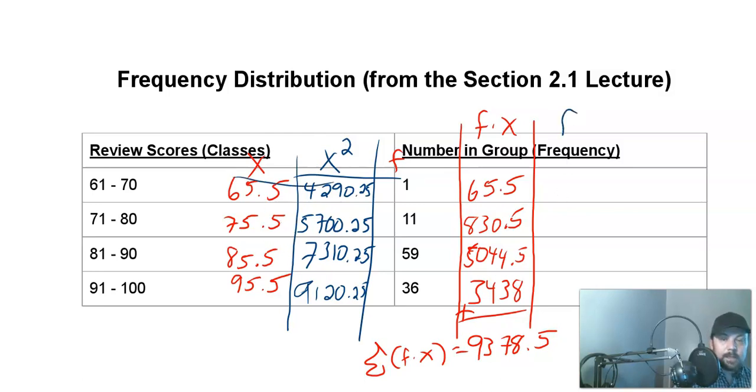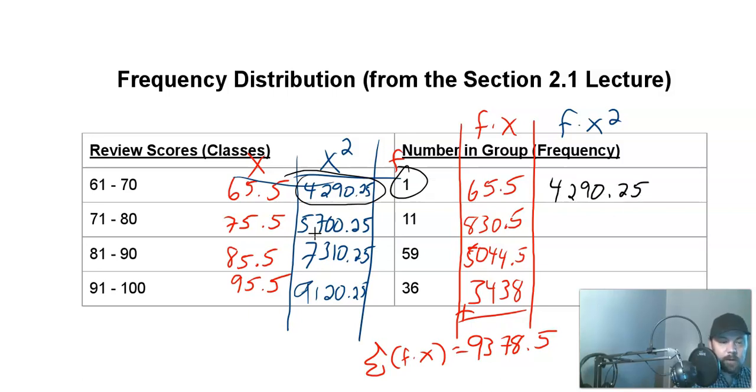And then what I want to do is take the frequency times those x squareds. And that's what I'm going to put over here in this last column. So I'm taking the frequency times the x squared. So these two, not this one, but these two right here. So this number times 1 is just going to stay that number, 4290.25.